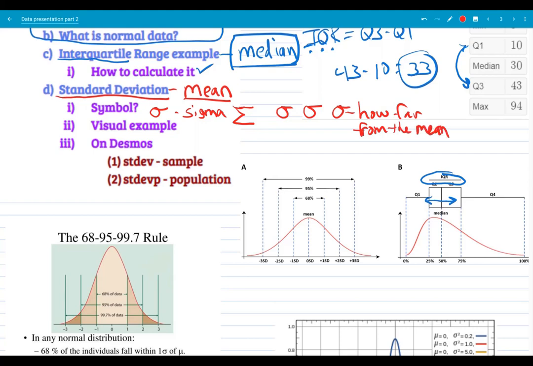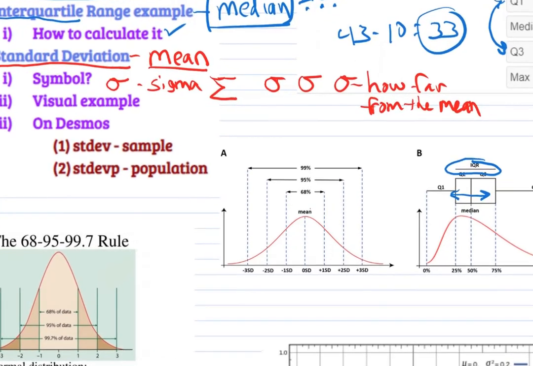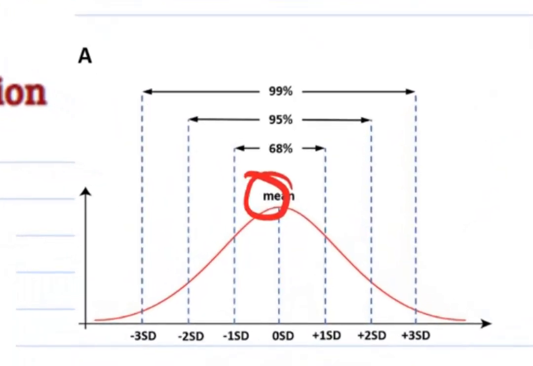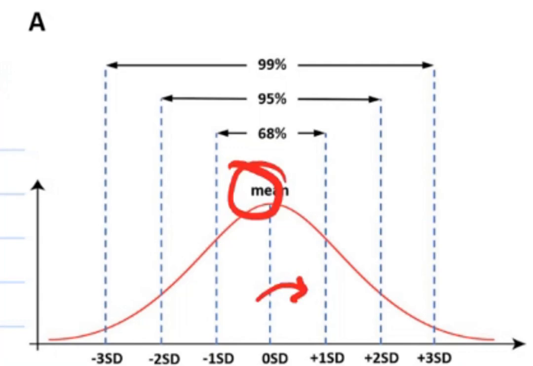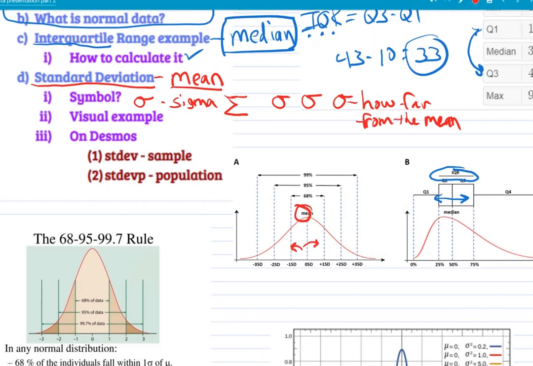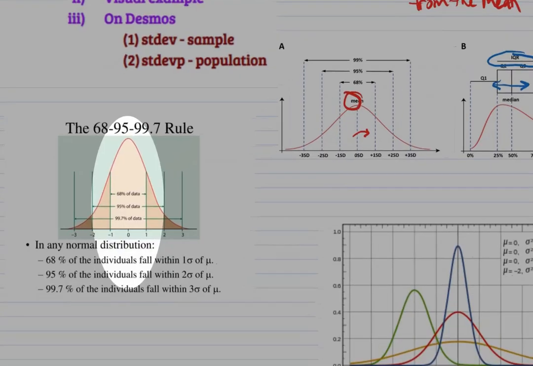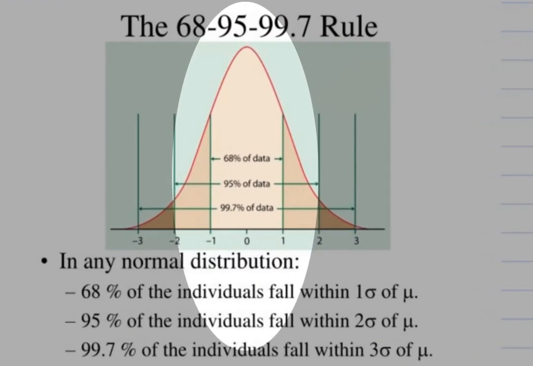So if the average is here, the standard deviation is how far from there. So it's going to be a plus or minus. Here's our mean, the average. One standard deviation up, one standard deviation down will give us 68% of all the people in that data.